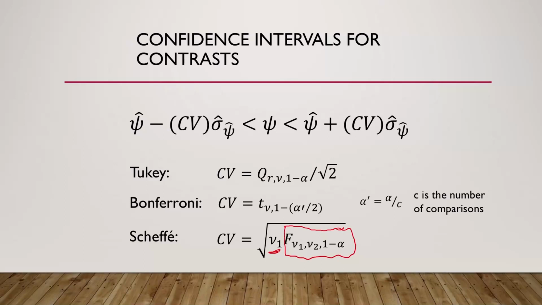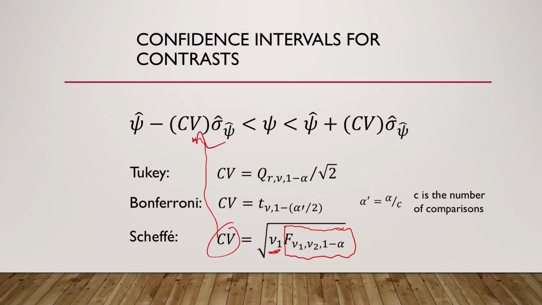Remember that the omnibus test F statistic, or the F distribution rather, has a numerator and denominator degrees of freedom. So you're going to take whatever the numerator degrees of freedom is, multiply it by the omnibus critical value, take the square root of the whole thing, and that is your critical value for Scheffé. And again, the confidence interval formula doesn't change at all. It's just a matter of which critical value you're putting in.